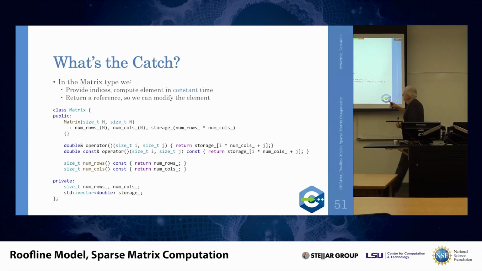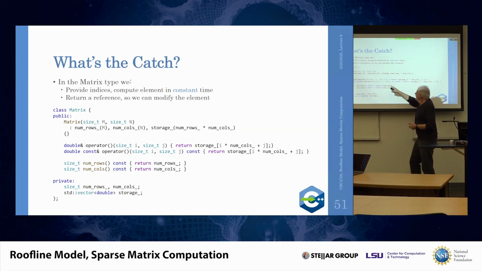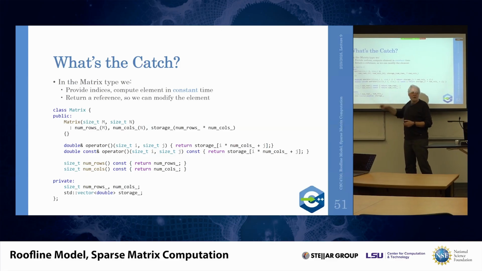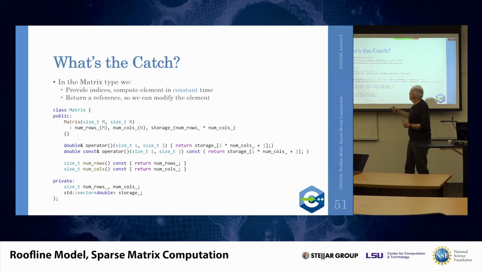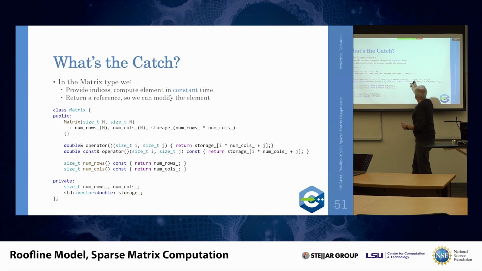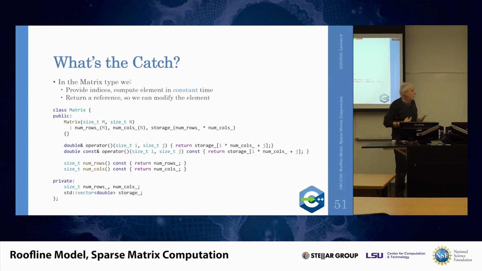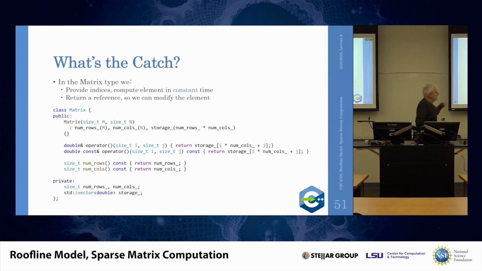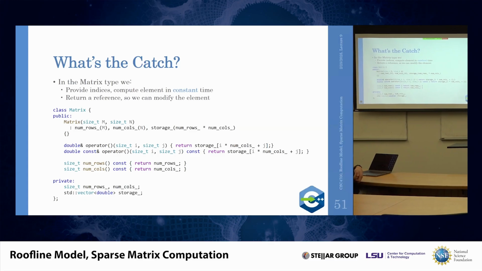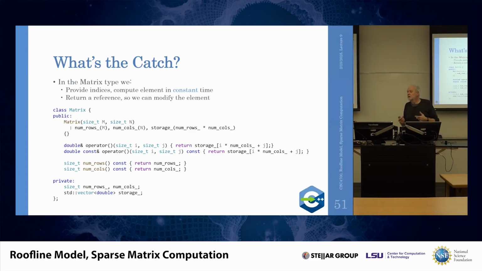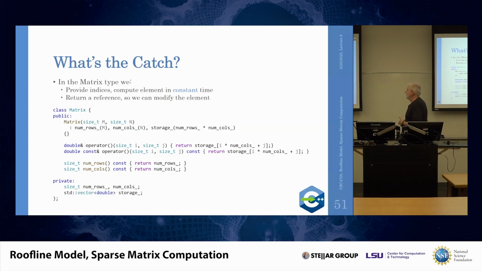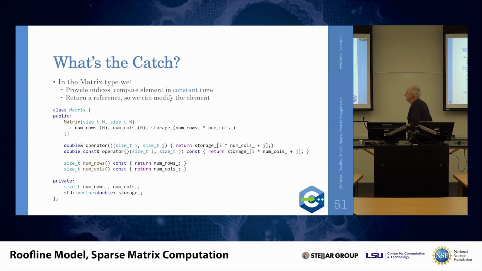So in order to find the element in the storage, independently of the values of i and j, it takes the same amount of time to compute that, right? Because it's just a multiplication with an addition and it doesn't depend on the values. So that's very important, and that's a benefit of the dense matrix representation, that we can get to the element we're interested in constant time, in O(1) complexity.